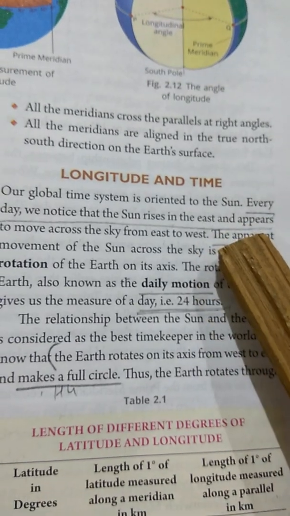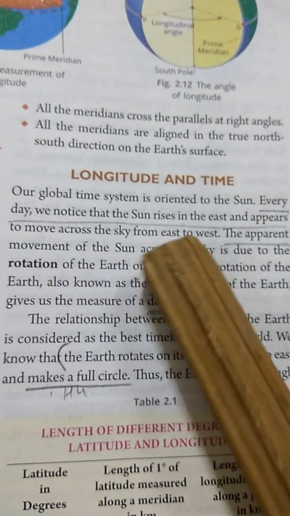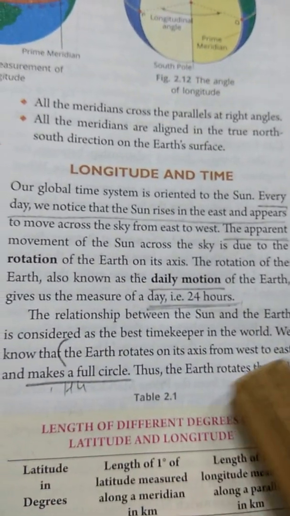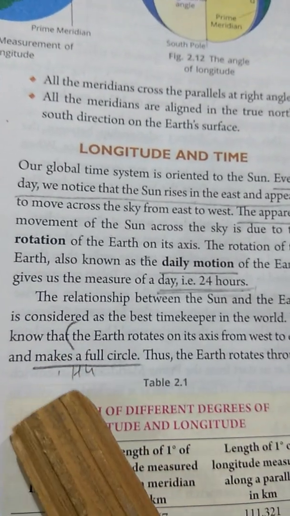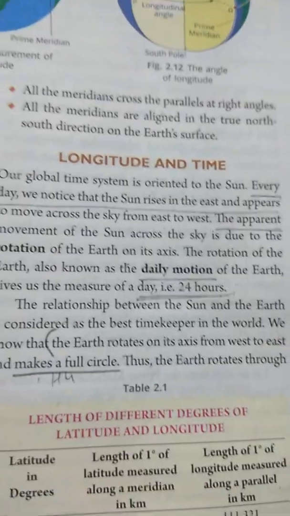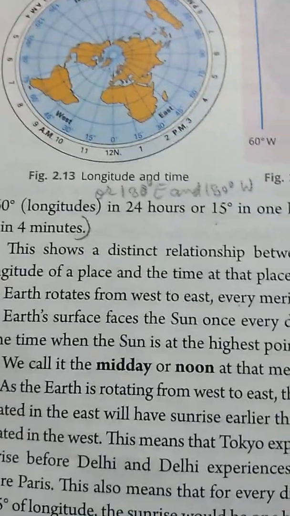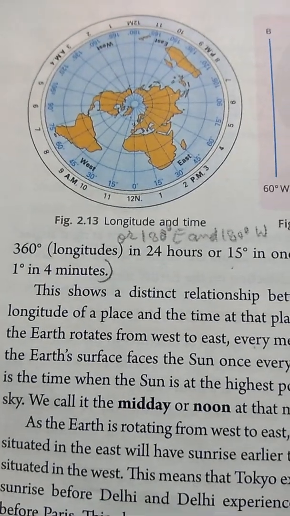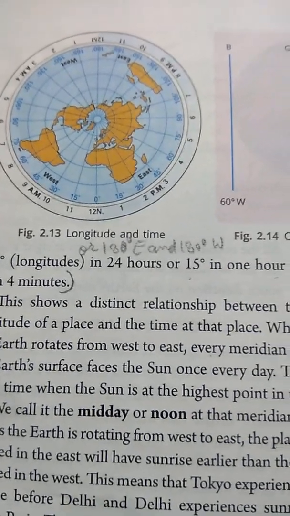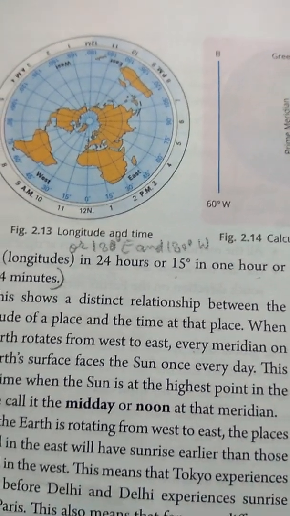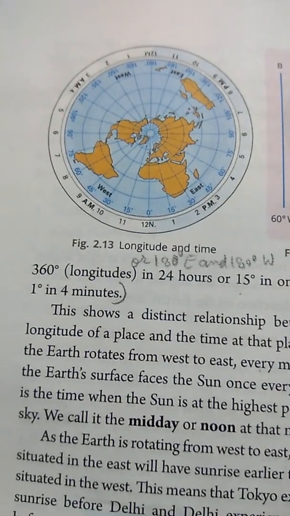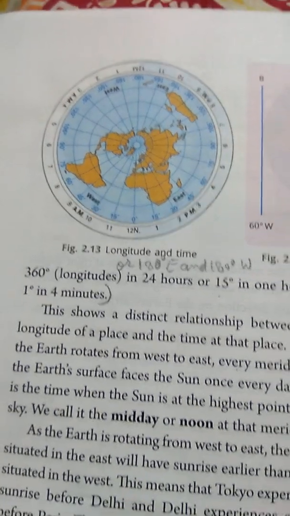Though it appears east to west, it rotates west to east and makes one full circle in a day or 24 hours. And 360 degrees in 24 hours, or 15 degrees in an hour, or 1 degree in 4 minutes.